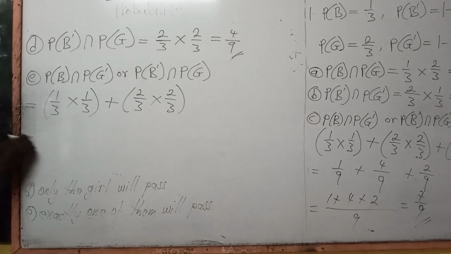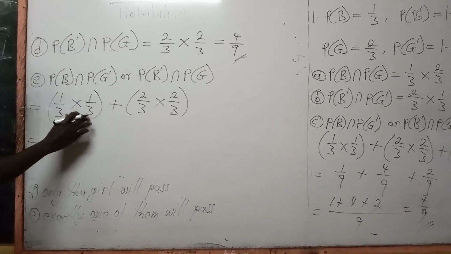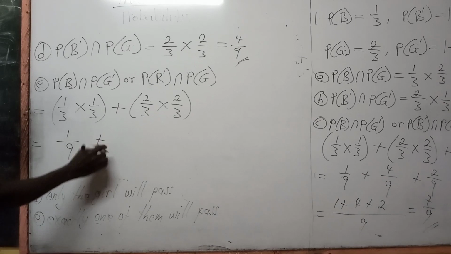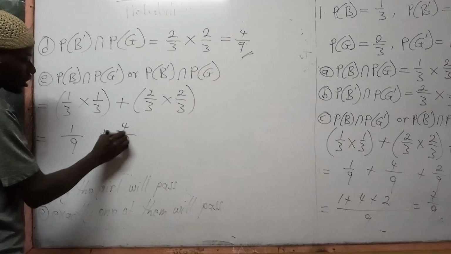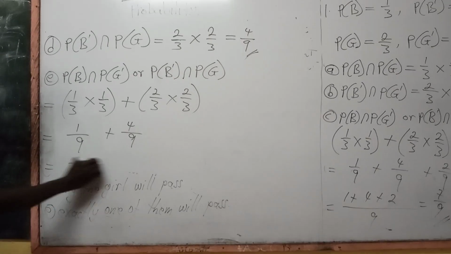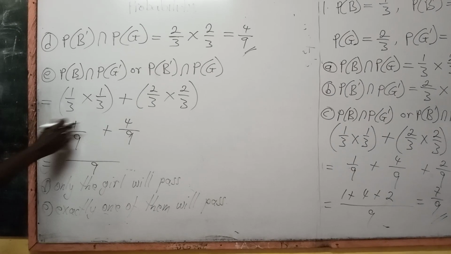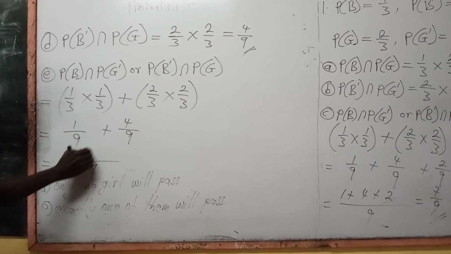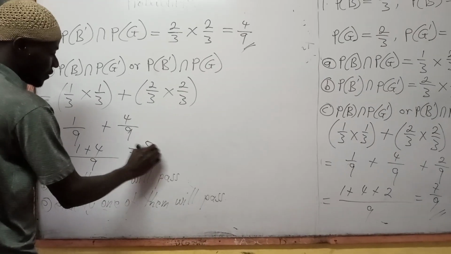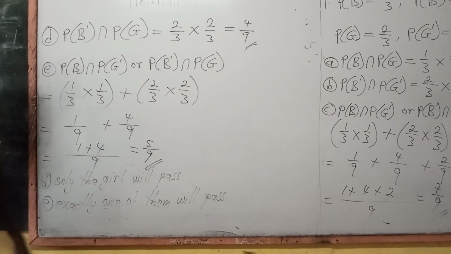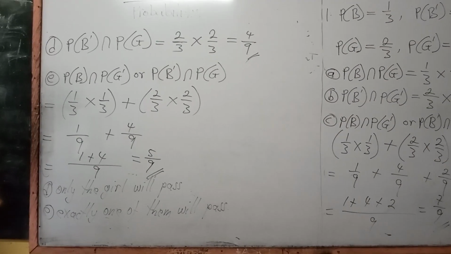Simplifying, 1 times 1 is 1 divided by 3 times 3, which is 9, plus 2 times 2, which is 4, divided by 9. We have a common denominator of 9, so we just add the numerators: 1 plus 4 is 5 divided by 9. So the probability that exactly one of them will pass is 5 divided by 9.